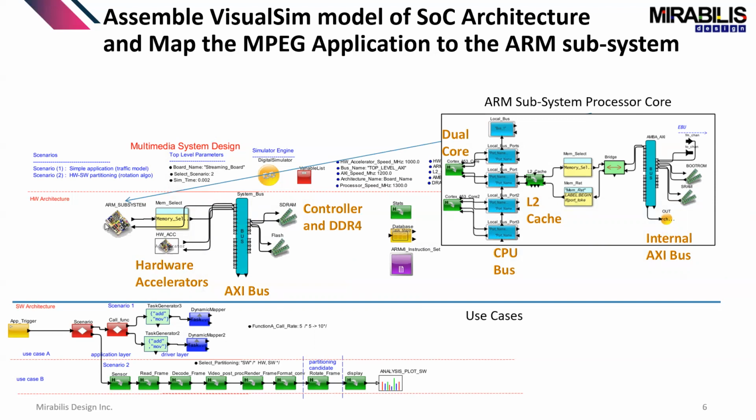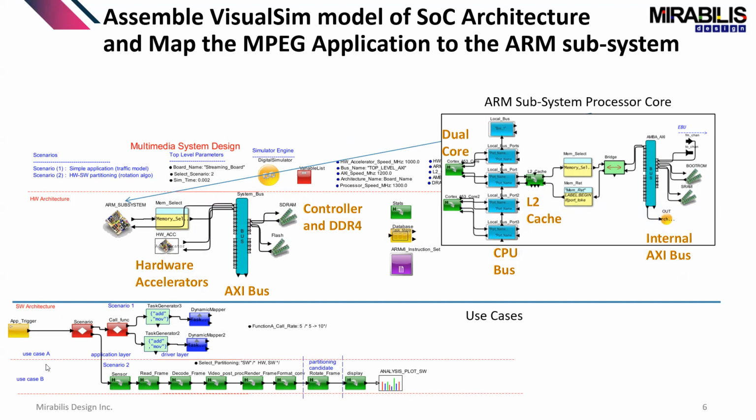The ARM subsystem is zoomed in here, and we can see the ARM Cortex A53 cores, shared L2 cache, the bridges, and the buses to the next level. In the bottom half, we can see the software architecture that we are running on top of the hardware architecture.